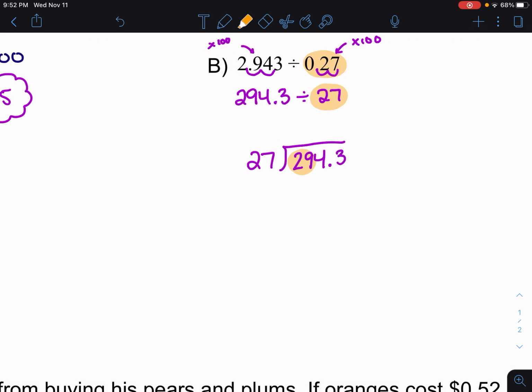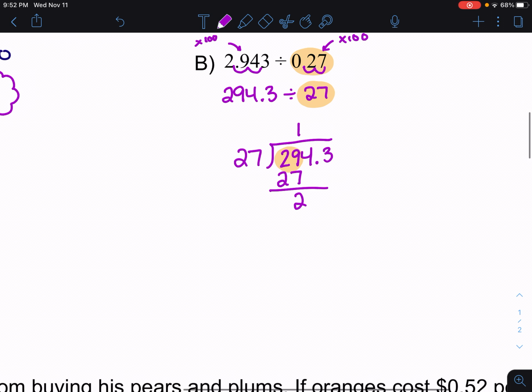27 goes into 29 one time. 29 minus 27 is 2. I bring down the 4. 27 does not go into 24, so I'm going to put in a 0. I'm going to move my decimal point up since it's already there and bring down the 3.